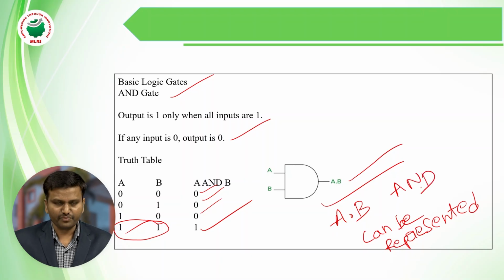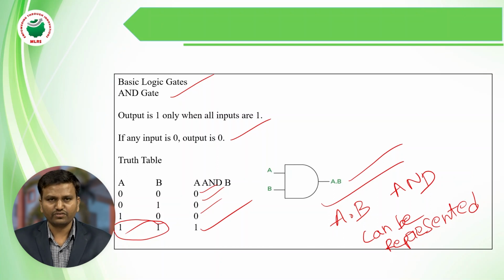We have to observe that when the A and B inputs are both 1, we get 1. In the remaining cases, 0 0 is 0, 0 1 is also 0, 1 0 is also 0. Only when A and B are both 1 do we get 1, so the output is 1 only when all the inputs are 1.